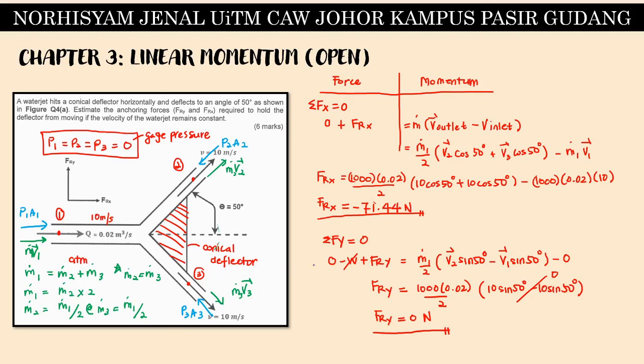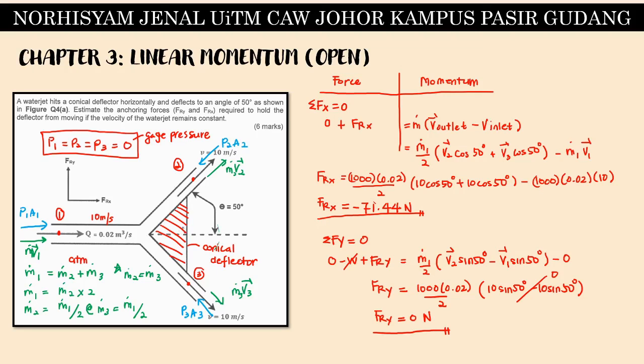Based on the answer, it shows that we only have FRX, which is negative 71.44 Newton. It means for FRY we don't have any movement for the deflector. If the flow is moving this way, it hits the deflector, it will not move to the top or to the bottom of the system, but it will move to the right.